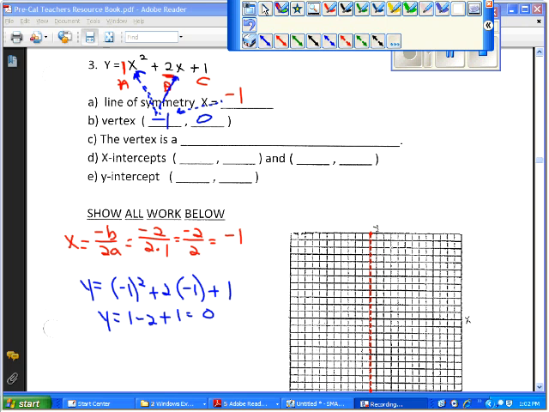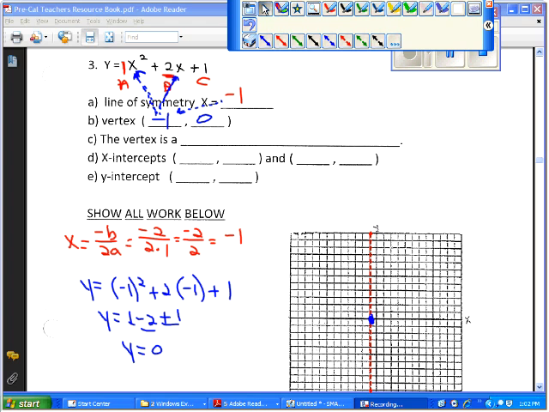And we could plot that. I did 1 minus 2 is negative 1 plus 1 is 0. So y equals 0.